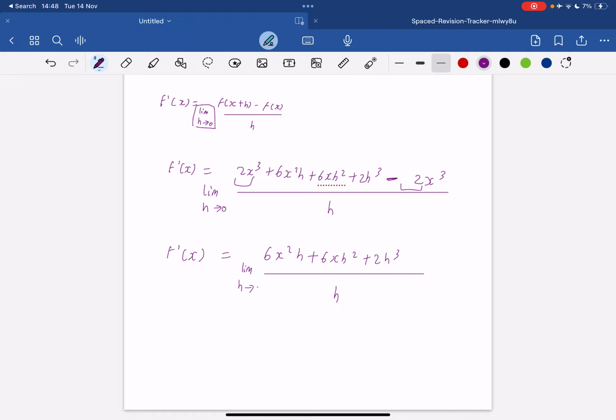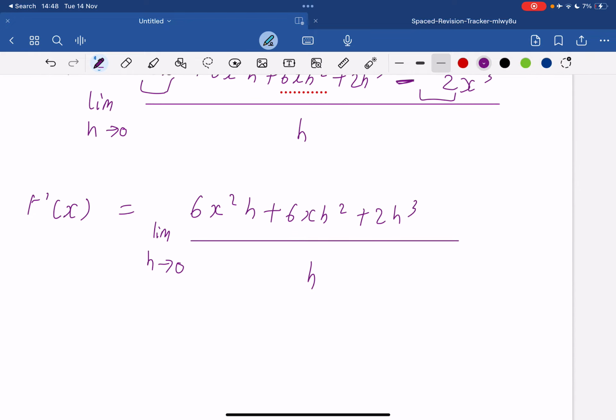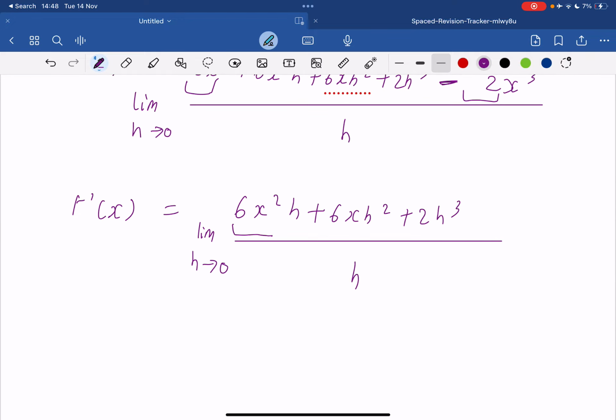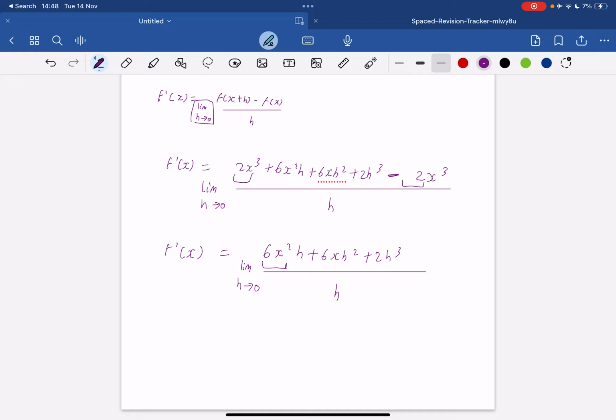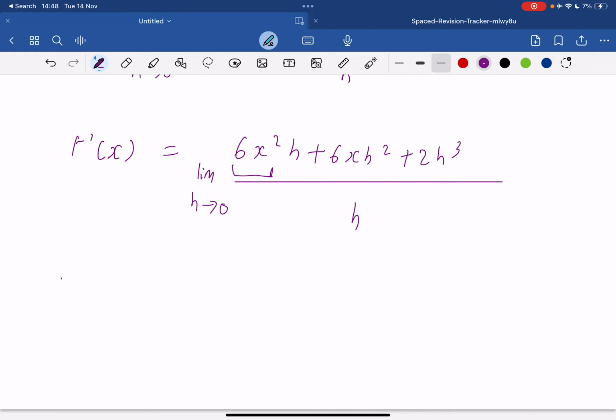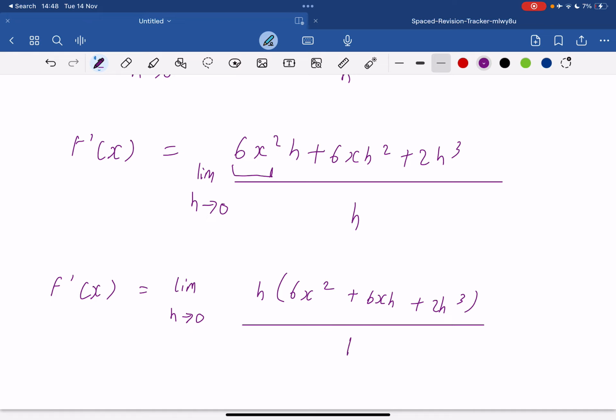Now a thing I instantly recognize is the h's. Remember, I want to end up with this term on its own. So let me factorize out the h's so I can get that 6x squared on its own. And because factorizing is useful, so h bracket 6x squared plus 6xh plus 2h squared, over h.